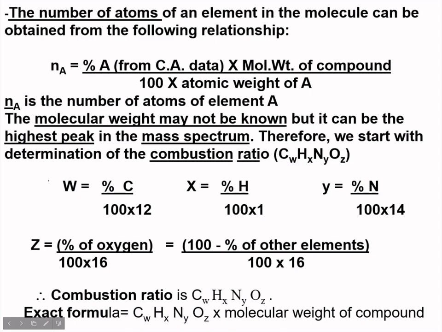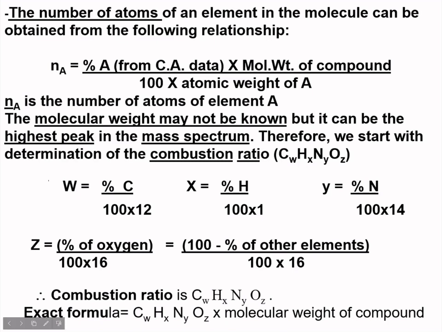For example, sub-ratio of carbon is the percentage of carbon over 100 by 12. In this case, we do not multiply by the molecular weight. The same is repeated for hydrogen and for nitrogen.